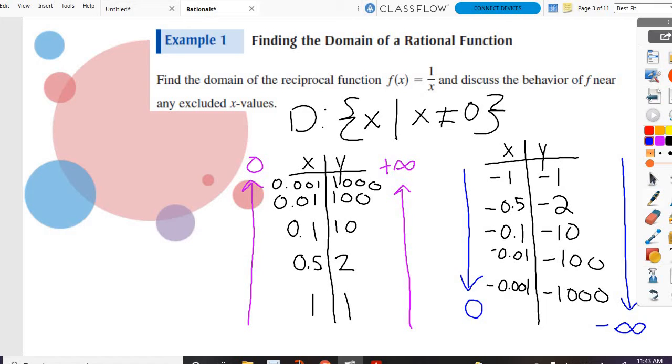Numbers or values that we're allowed to get really, really close to, but we can't actually get to. Does it start with an I? No, just with an A. Yeah. Asymptote. Yeah, they are asymptotes.